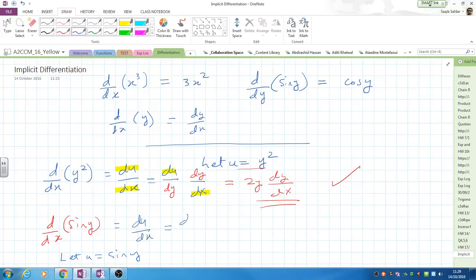We know from the chain rule that this must be du dx, and then we put in our third variable, y. If u is sine y, then du over dy will just give us cos of y times dy over dx.